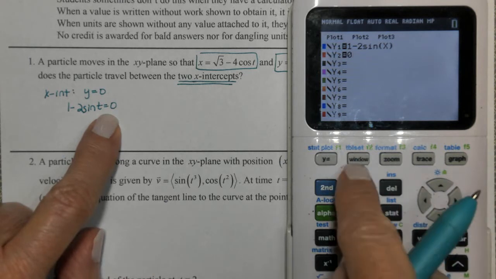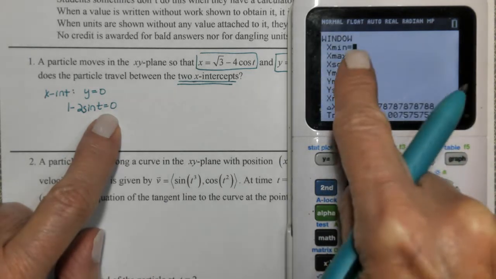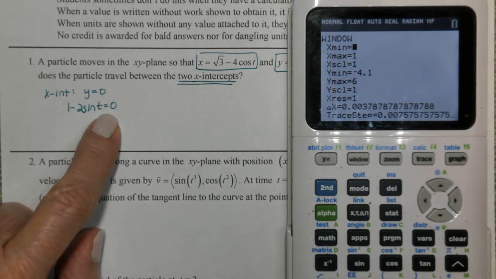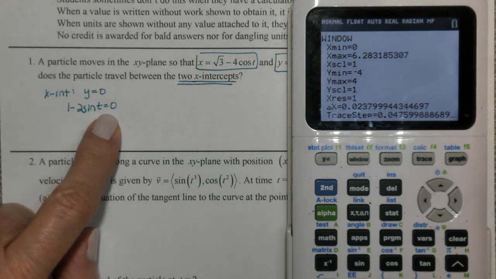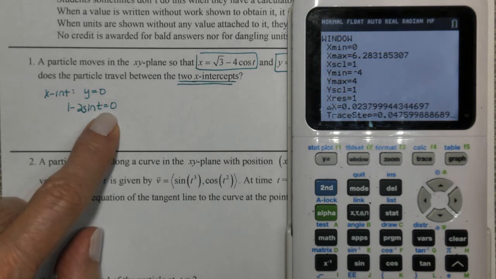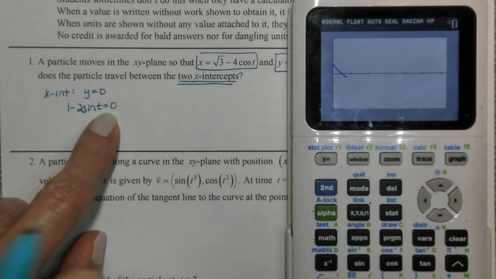I'm going to only go from 0 to 2 pi because they told me to. Time is only from 0 to 2 pi, so that's all I want to see. My ymin and ymax, I'm just going to make it -4 to 4. It really doesn't matter as long as I can see 0.